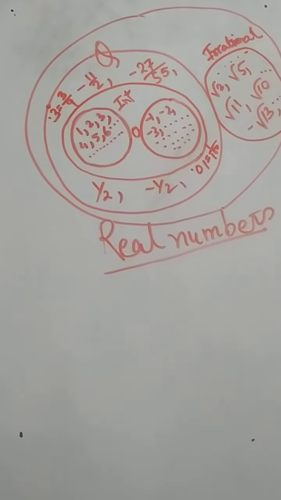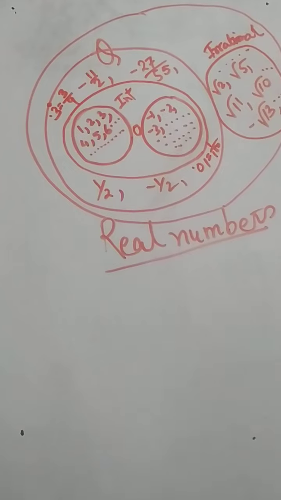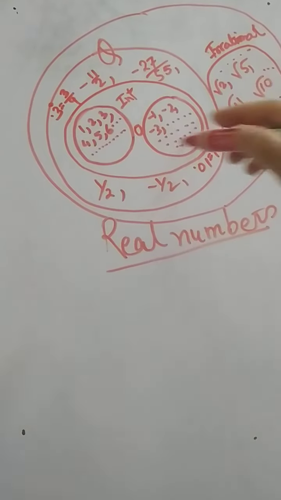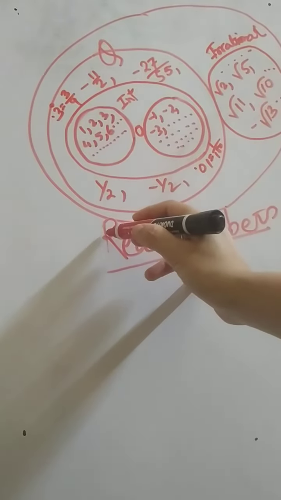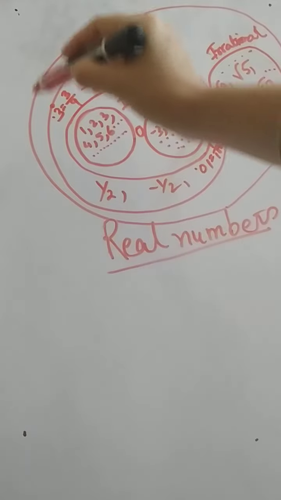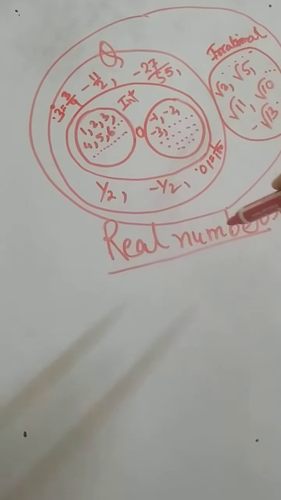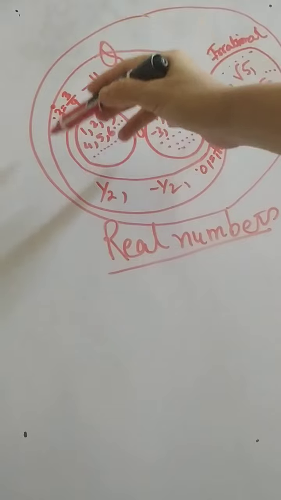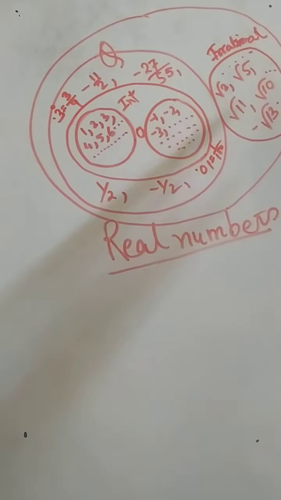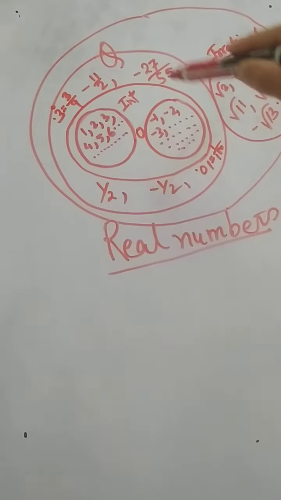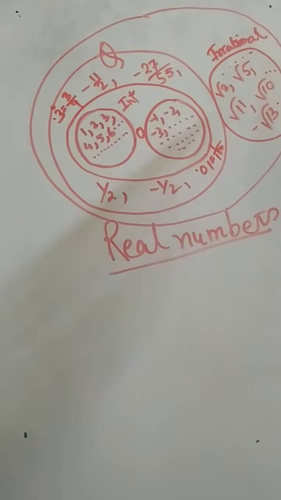If you can picturize this, you will never forget which number is what. Real numbers are all the numbers that we know up to class 10. The big house of real numbers has two big rooms: the room of rational numbers and the room of irrational numbers.